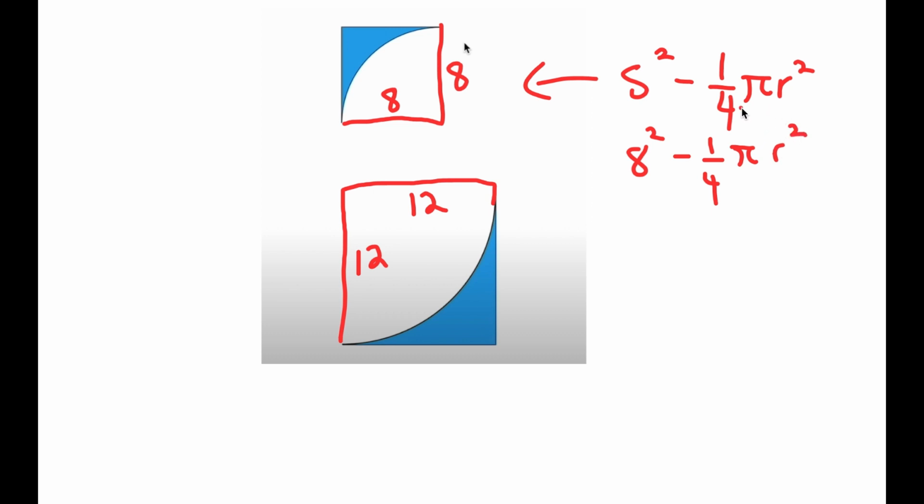And we also know that r is equal to 8 as well, because look over here, this is 8. So I get 64 minus 1 over 4 pi times 64, which is equal to 64 minus 16 pi.